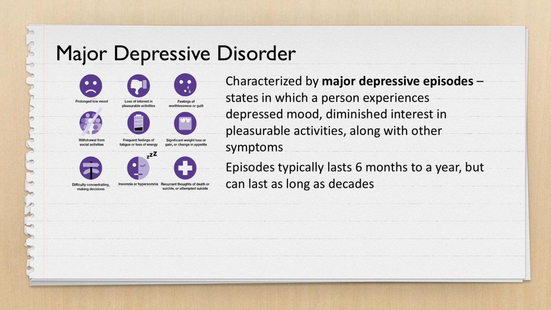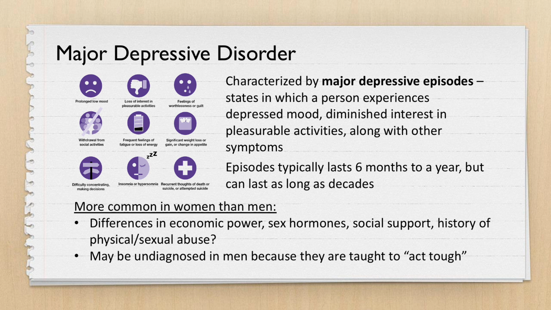How does major depressive disorder arise? It really is biopsychosocial, in that it is a blend of biological, psychological, and social influences. Researchers also find that it is more common in women than men.